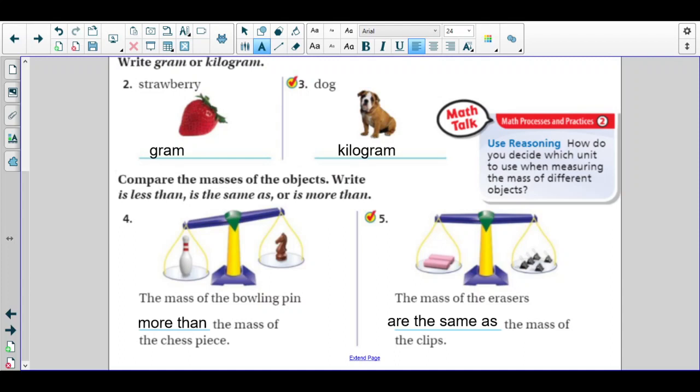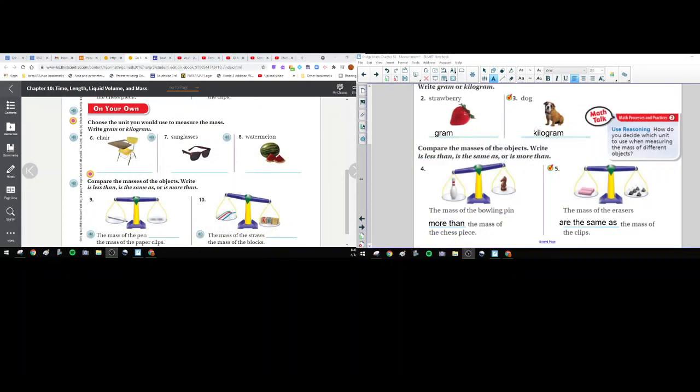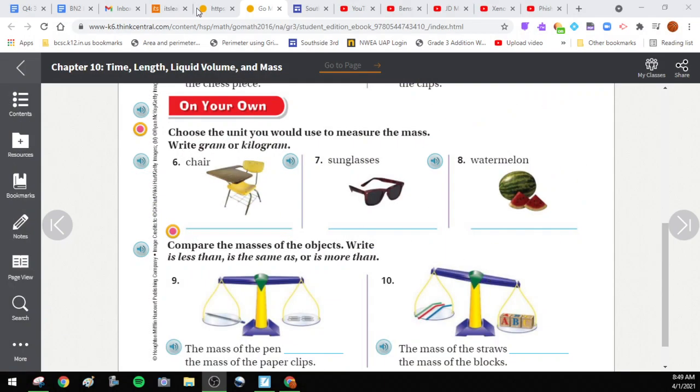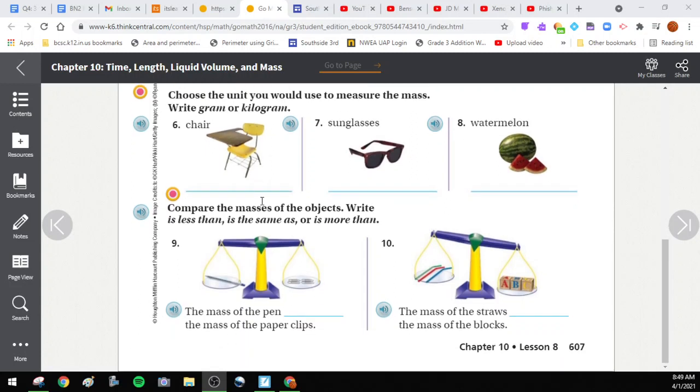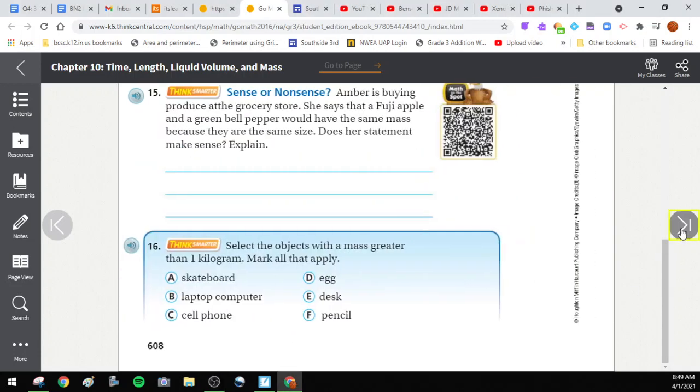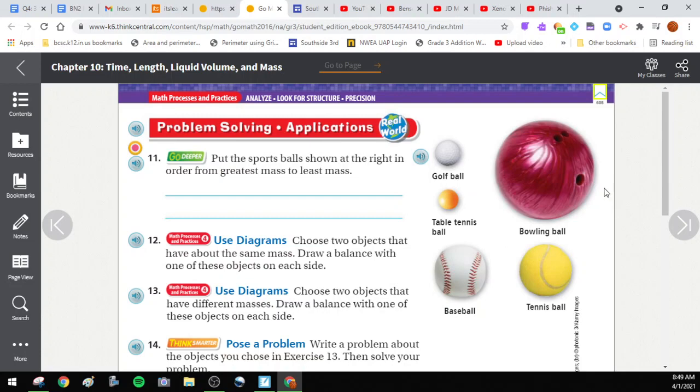So that is your assignment, and let's take a quick look at your assignment so that we know what we're looking at here. For the on your own section down here, you're just going to write grams or kilograms, whichever is going to be the better fit. Pan balance is right here, deciding and comparing the mass. And then with some of these story problems up here, we have a variety of balls.